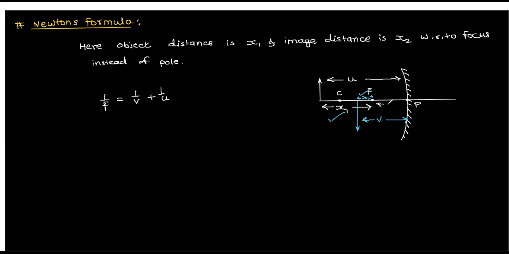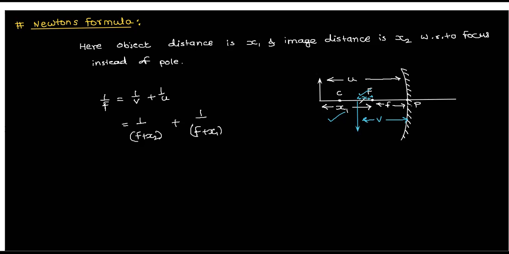This is the focal length from pole to focus. So 1 by v is 1 by (F plus x2), plus 1 by u, which is 1 by (F plus x1), because already from pole to F is the focal length.